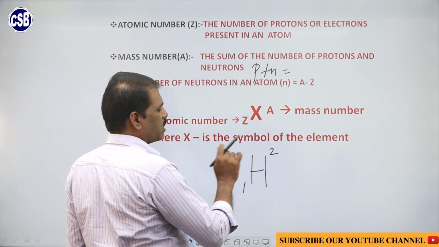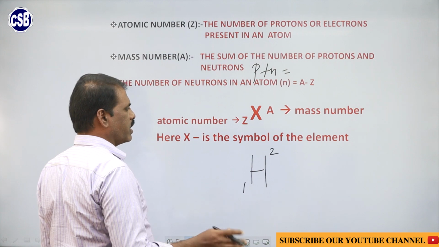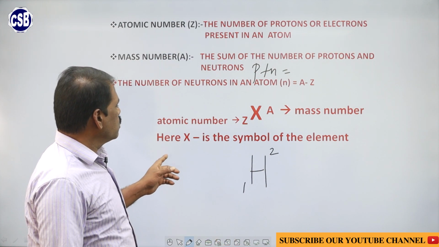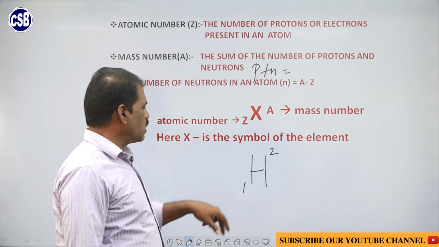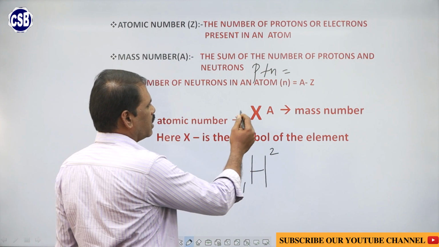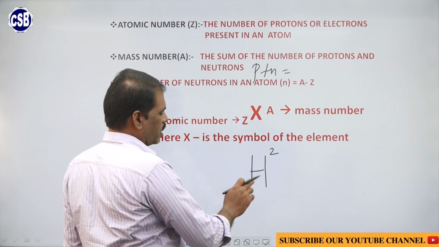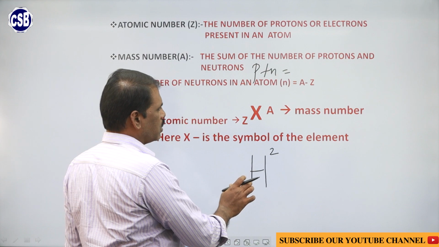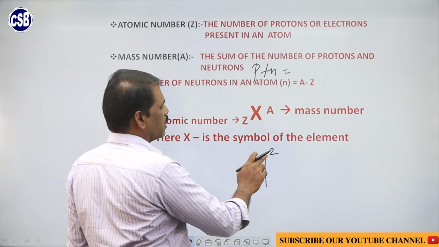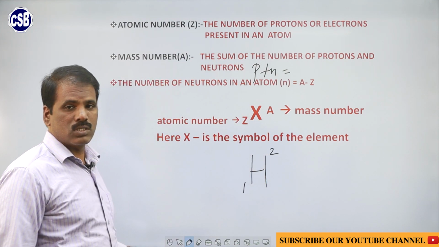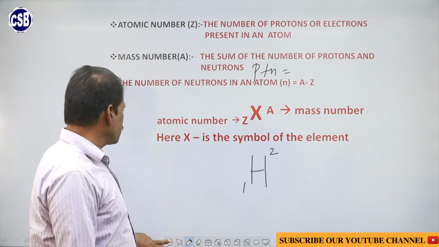If the mass number of the hydrogen atom is 2, that is known as deuterium. So here 1 is the atomic number, that means Z. The atomic number should be written at the bottom of the symbol and the mass number should be written at the top of the symbol.